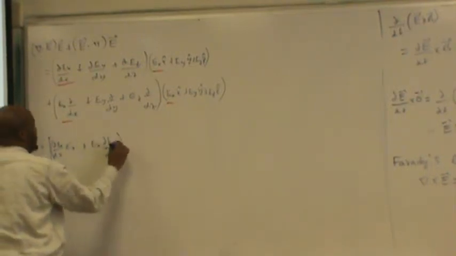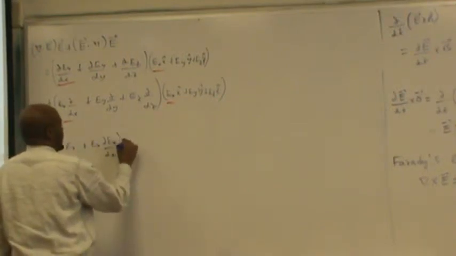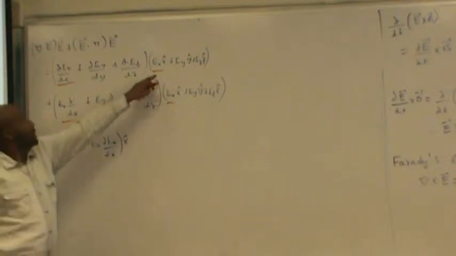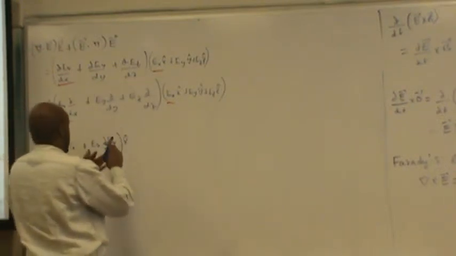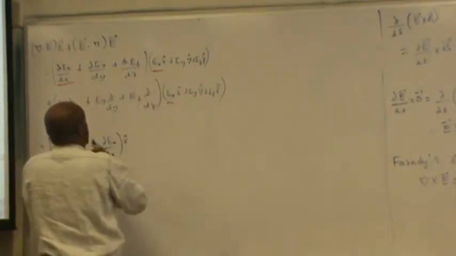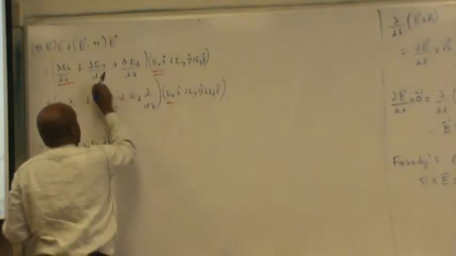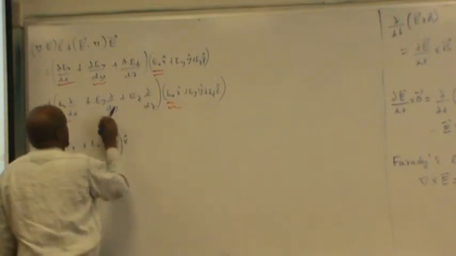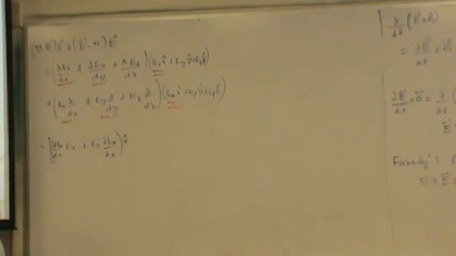So this is going to be along x hat. Another x component is when you take this one with this one, and this one with this one. So what do you get?